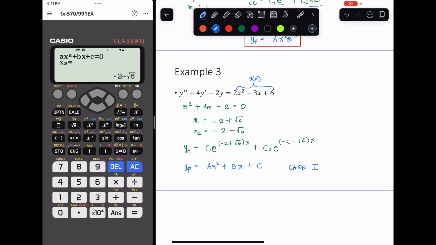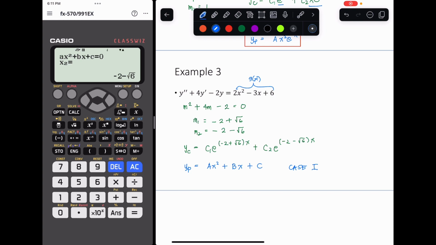Now that we have our complementary solution and the particular solution, it doesn't end there. We need to find the values of A, B, and C. To do that, we employ the same rule as in verification of solution for a differential equation.